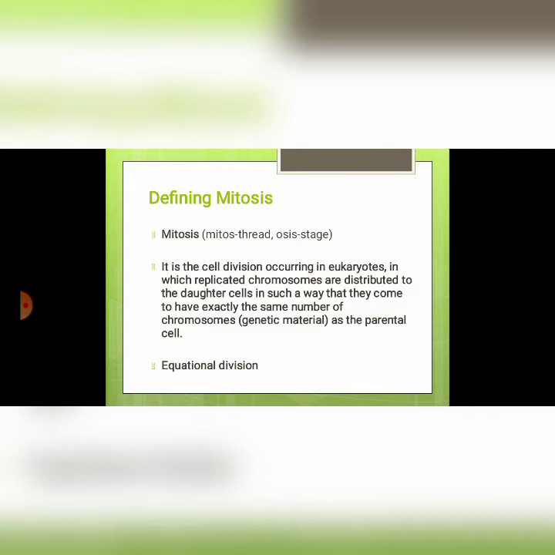So as a result of mitosis, two daughter cells are formed, which we understand after we complete the process. And these two daughter cells will have the same number of chromosomes as the parental cell. That is why this division, mitosis, is also known as equational division. Clear?